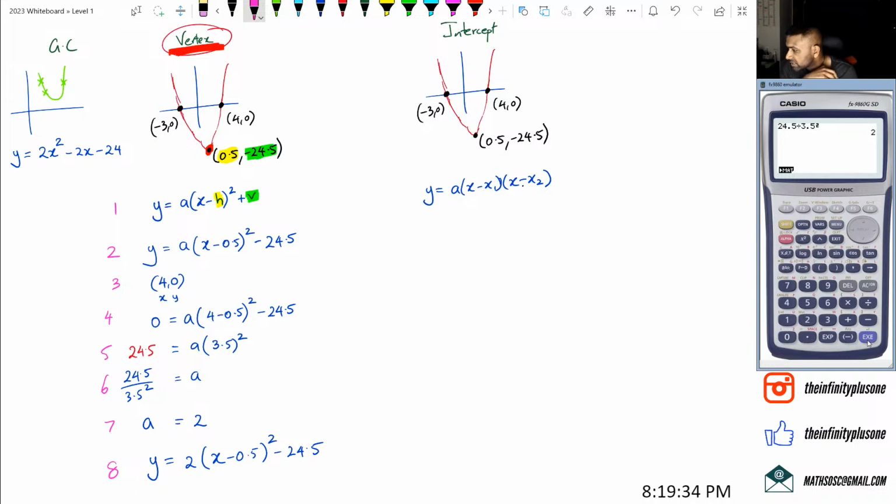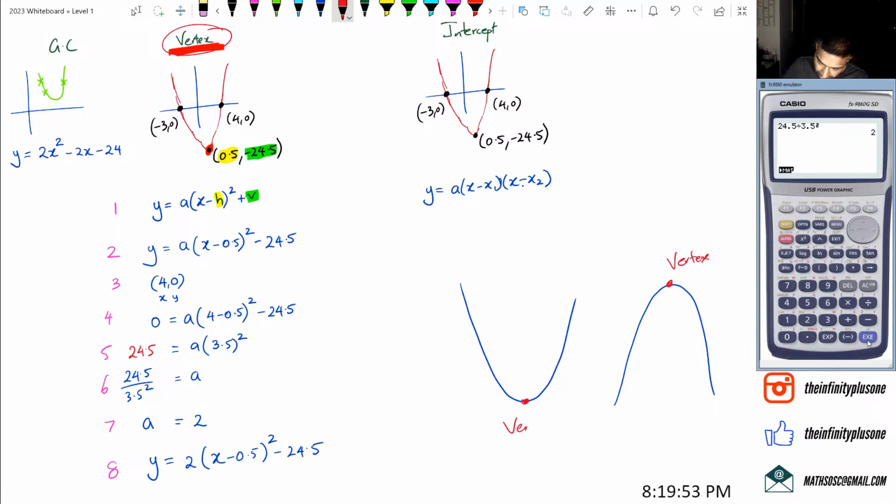How do you know when it's a vertex or an intercept? Right. So if you think of a parabola, when you have a parabola, this turning point is always known as the vertex. So this is always the vertex, the turning point. In my original parabola, you can see that at 0.5 and negative 24.5, that's where the vertex is.